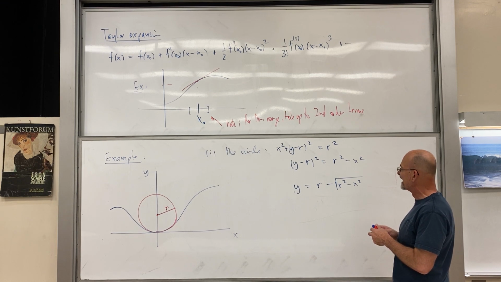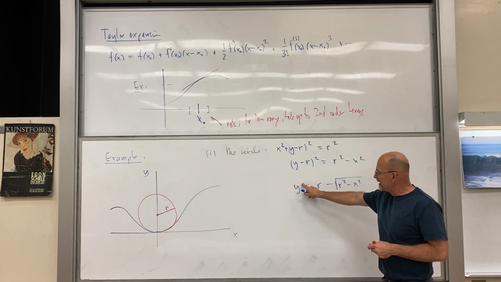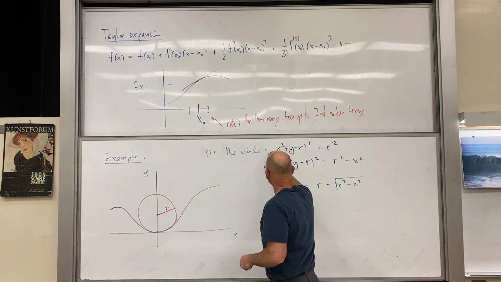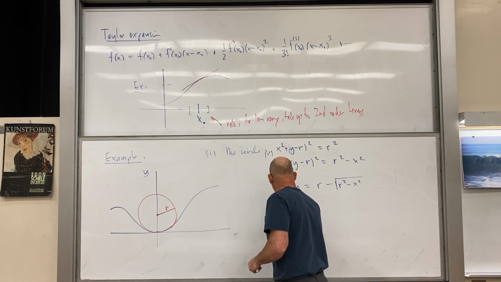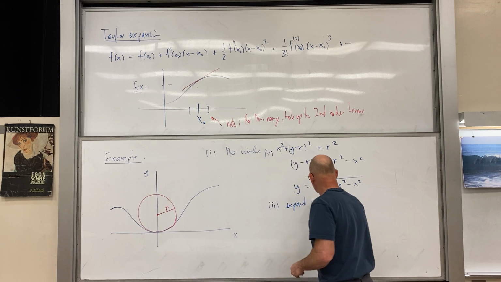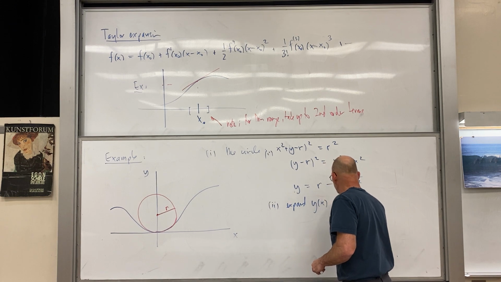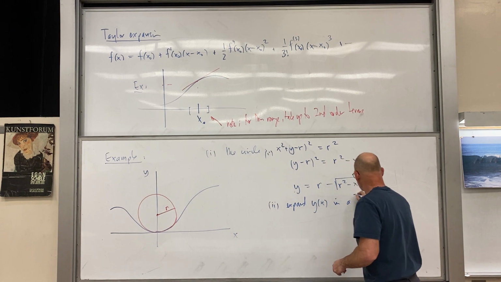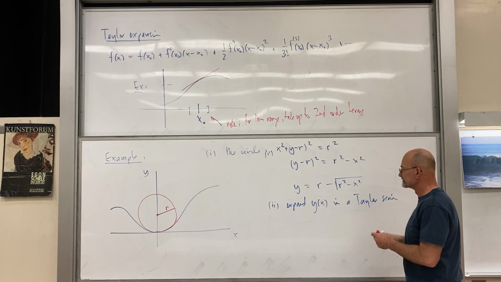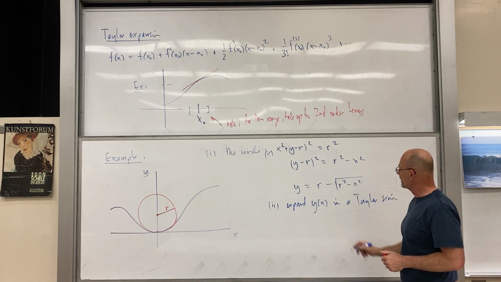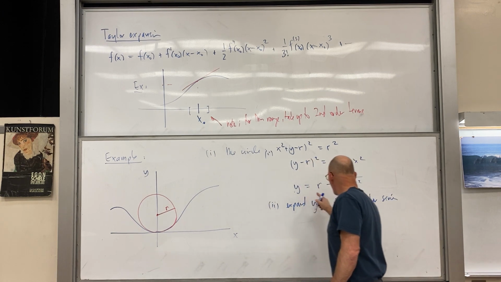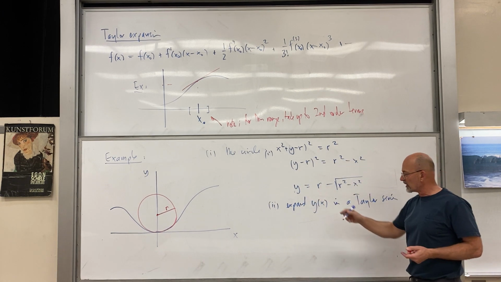Okay. Now let's expand y of x in a Taylor series. So here, I like to number things. So that's 1, 2. Expand y of x in a Taylor series. So what do we have here? We have y of 0 is equal to 0.